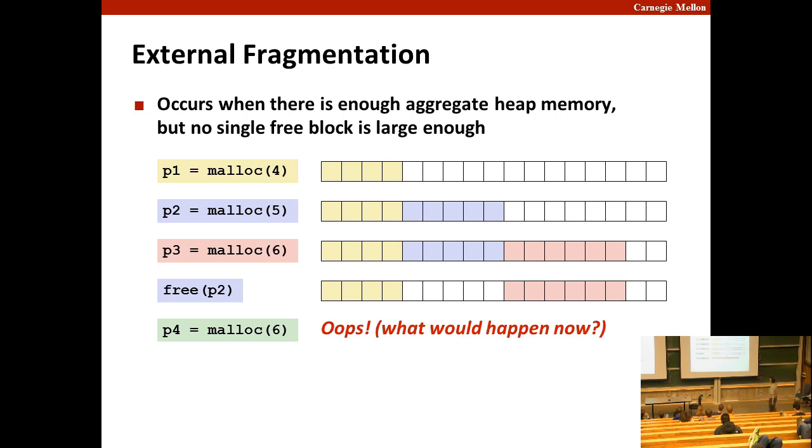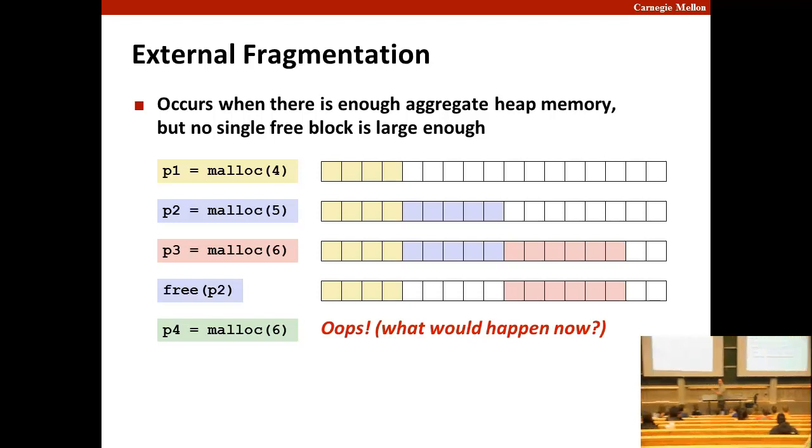So here's a case where you can see, after our stream of allocations of 4 bytes, 5 bytes, and 6 bytes, we have 5 bytes free here, and 2 bytes free here, for a total of 7 bytes free. Yet, they're not contiguous. So if I try to malloc 6 bytes, I can't get it. I can't return 5 bytes here and 1 byte here, because you know how arrays work: base plus index times scale.